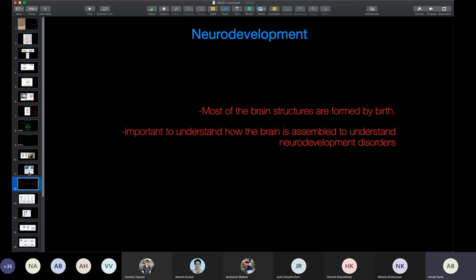In the nervous system there will be parts which are more undeveloped in those animals and more developed in ours, and vice versa. So you gain an evolutionary perspective of why nervous systems are how they are. And there are also various neurodevelopmental disorders which you can understand by studying the development of the nervous system.